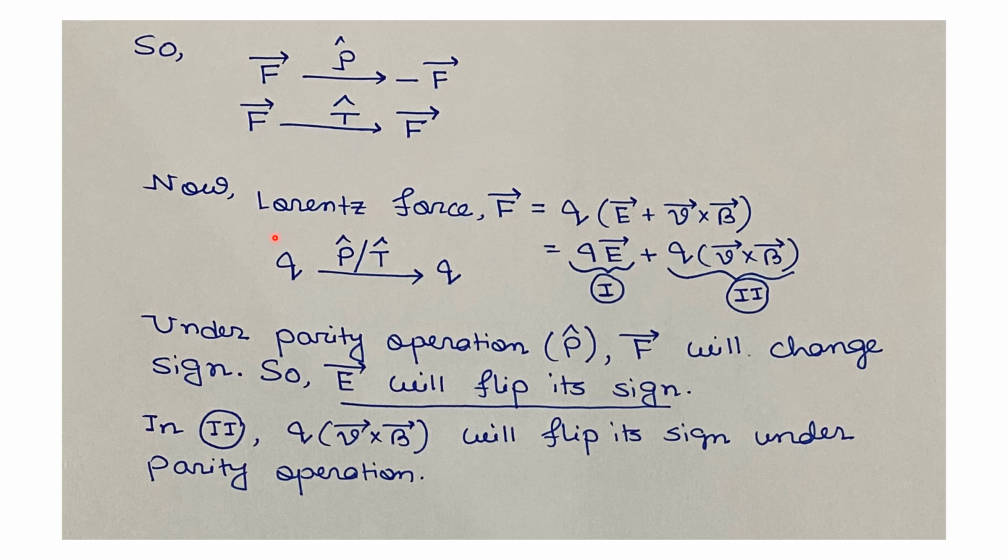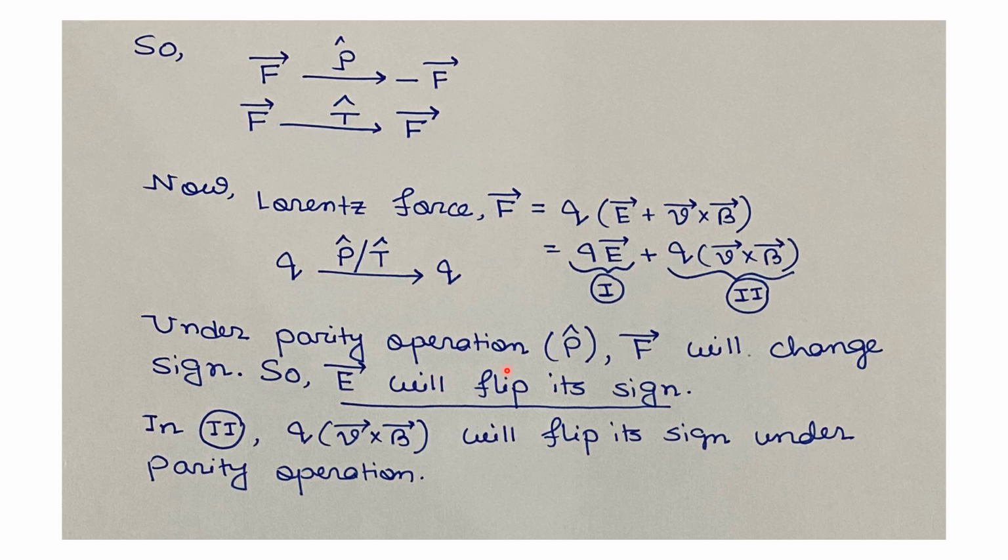Now coming to the Lorentz force, that is F vector equals q times E plus v cross B. Charge doesn't change its sign under the parity operation as well as the time reversal operation. In this force there are two parts, one is the electric force, one is the magnetic force, so we will denote them by 1 and 2.